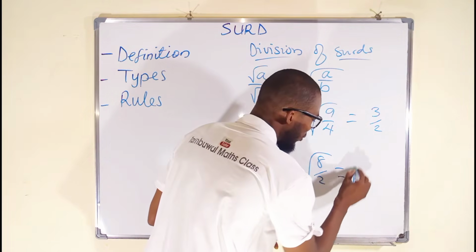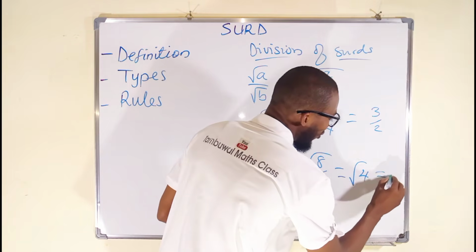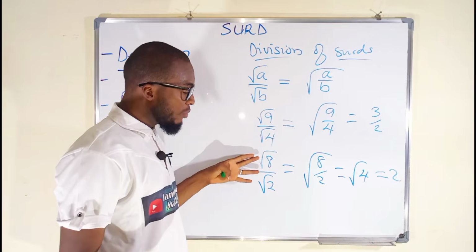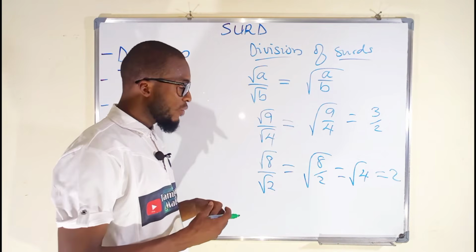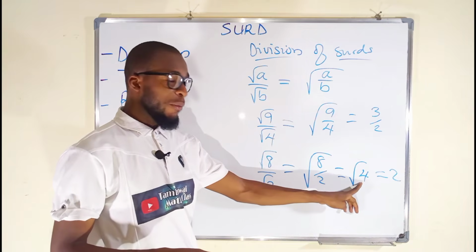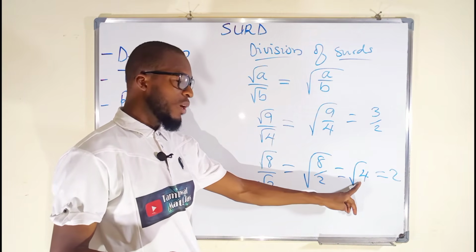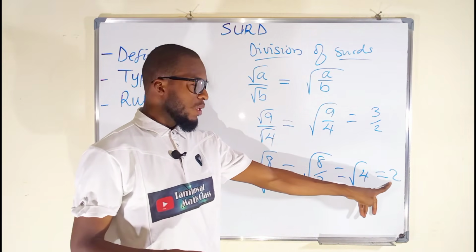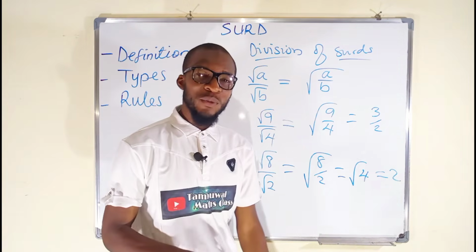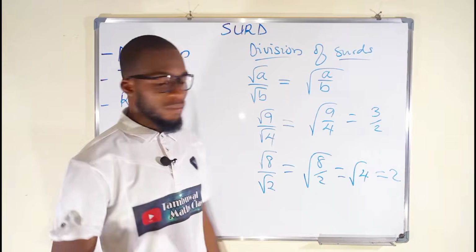So we can write this as square root of 4, and square root of 4 is 2. So you see, sometimes the numbers under the square root are non-perfect numbers, but by simplifying them, you'll be able to obtain a perfect square number, which you can easily take the square root of. But let us look at addition and subtraction and see whether the result will be the same.